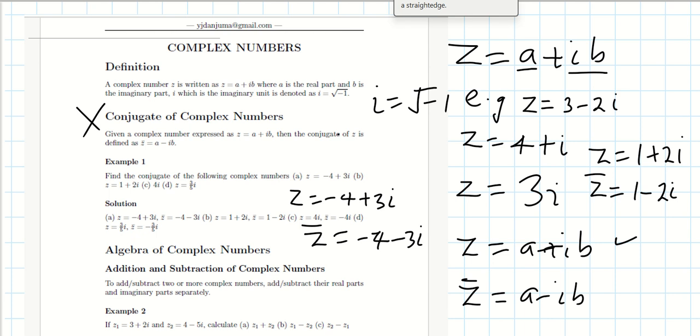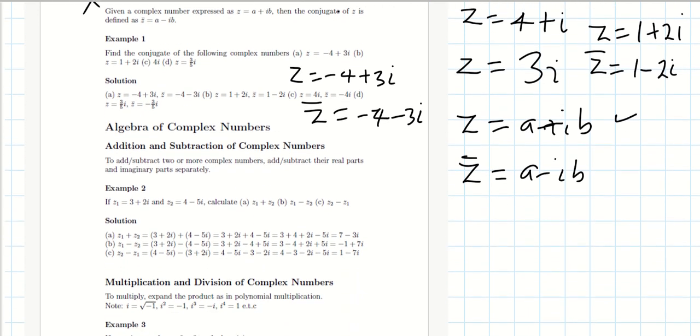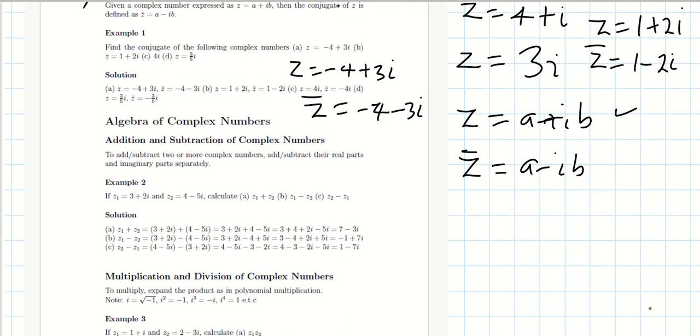For the d part, we have z equal to 3 over 5i. Then the conjugate of the complex number is minus 3 over 5i.